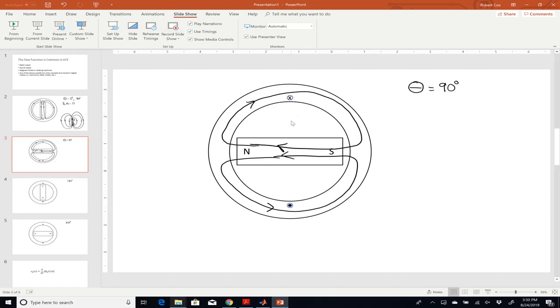So the plane of the coil runs straight from the top to the bottom of the machine. I have a whole bunch of field passing through here and then coming back up again. In fact, I would say that that's the maximum amount I could have, and I'll call it B max, okay?